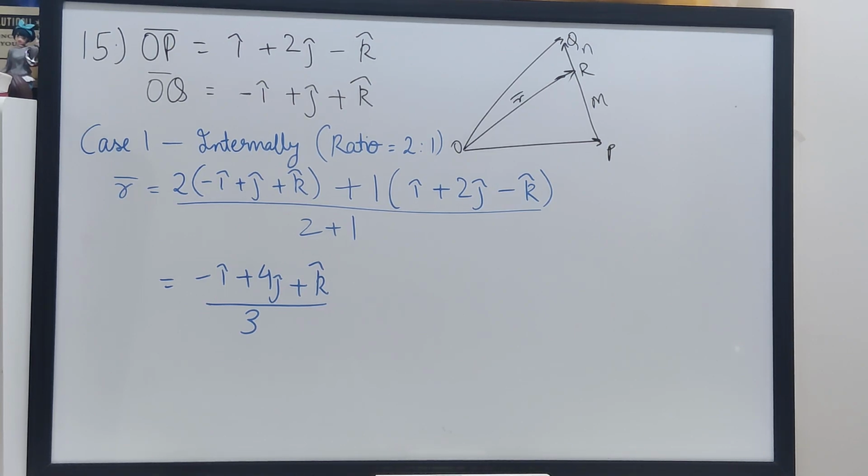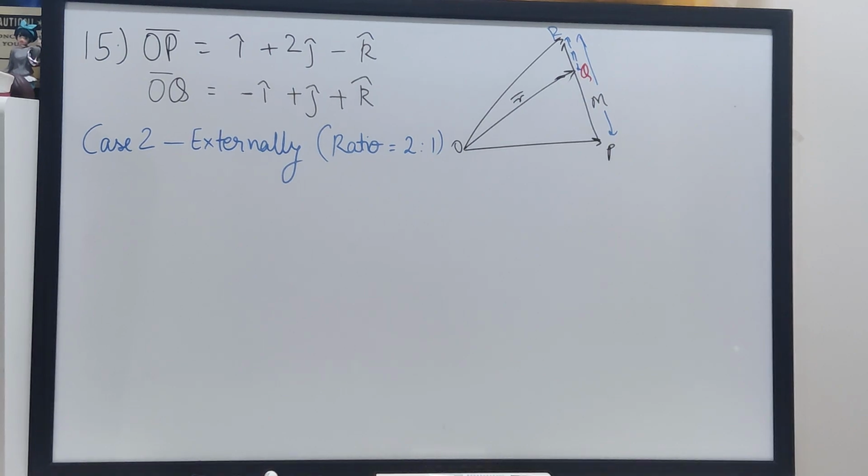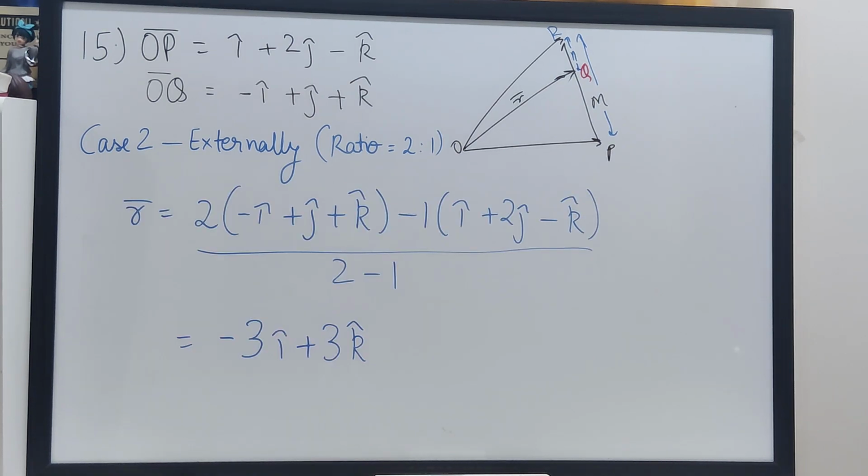Now calculate R. Now another scenario is that the line is divided externally in the ratio 2:1. So nothing more, you'll just have one minus sign and 2 minus 1 in the denominator will give you 1. So your answer will be minus 3 i cap plus 3 k cap.